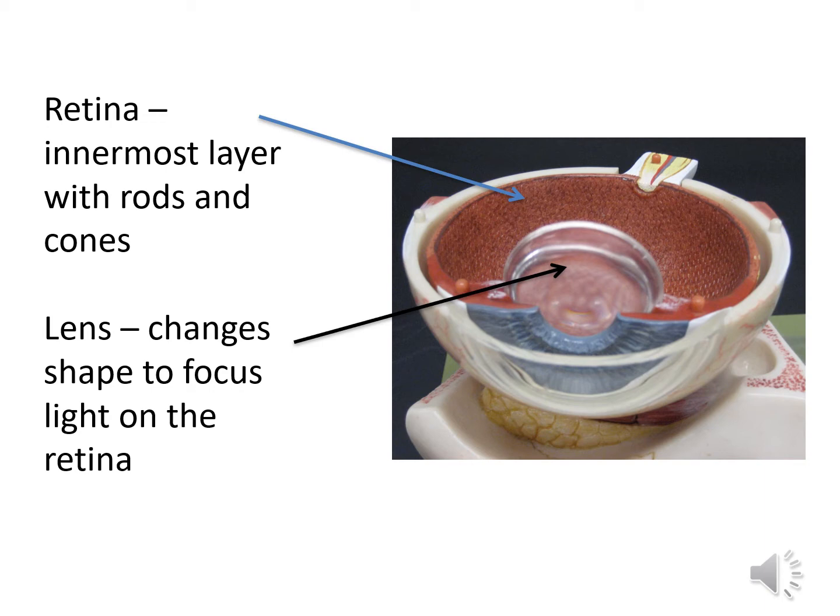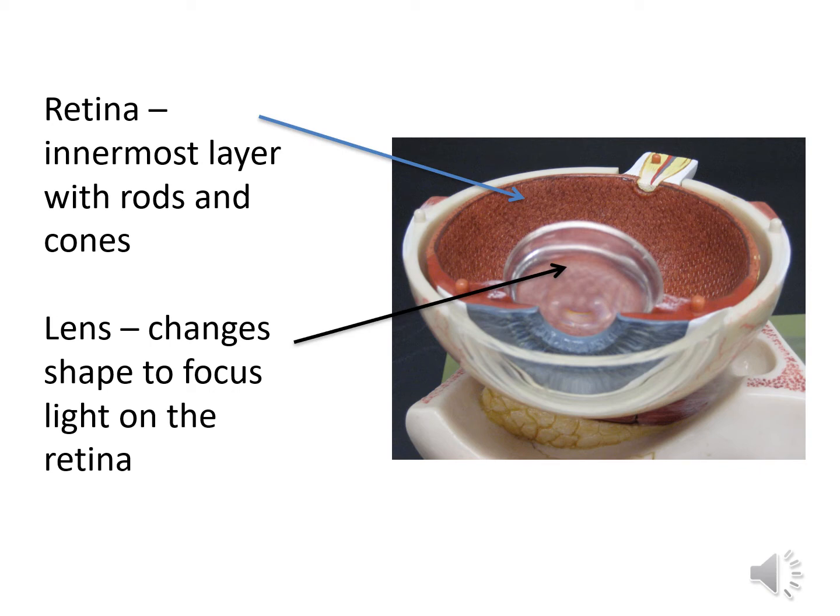On the front side of the eyeball, the lens is a clear marble-like structure. It's not really marble, but in real life it is a clear transparent portion again, and it will change shape to focus light on the retina layer. Light would come in through the front of the eye, the lens would change shape and focus the light rays on the retina layer.